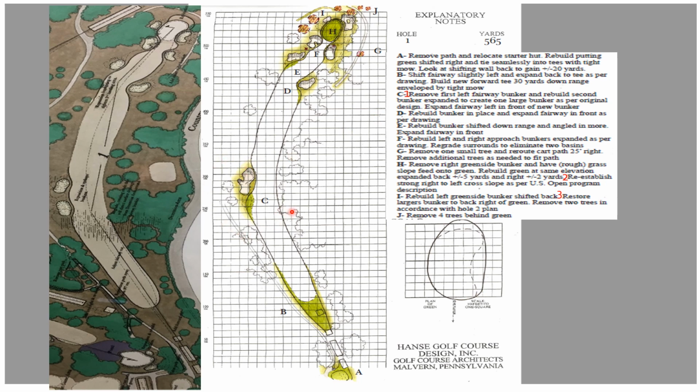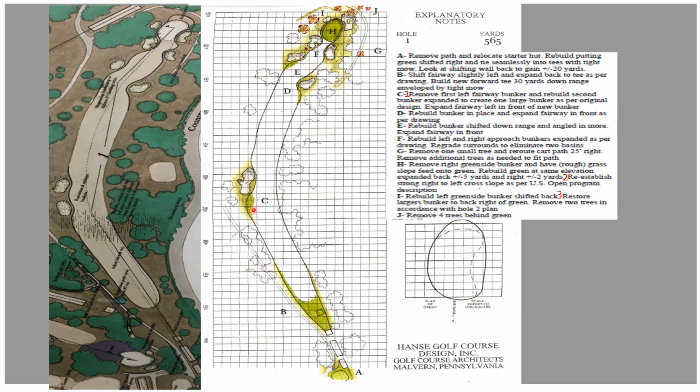For example, C. Remove first fairway bunker. That's this right here. Here's our existing bunker, and then here is our second bunker. Remove first fairway bunker and rebuild second bunker expanded to create one large bunker as per original design. Expand fairway left in front of new bunker.